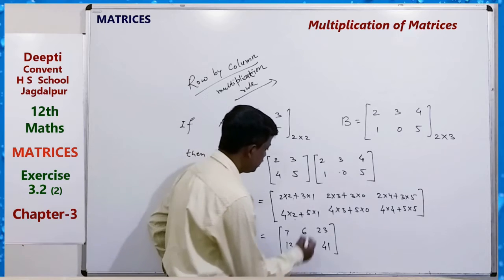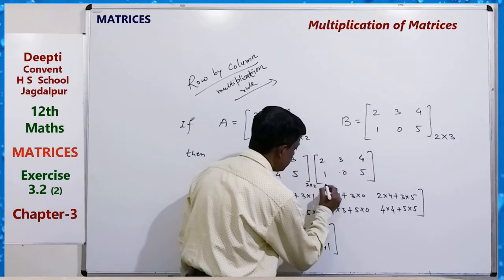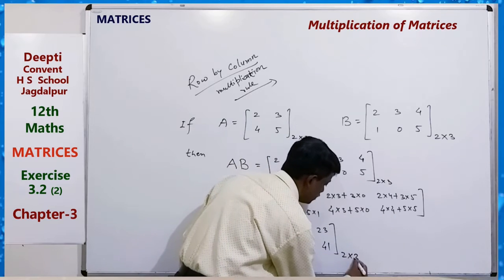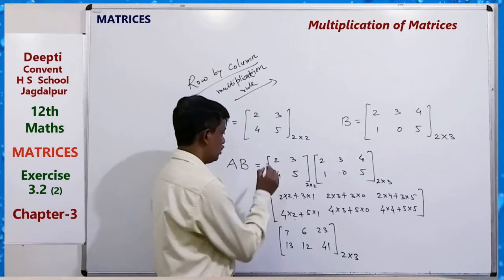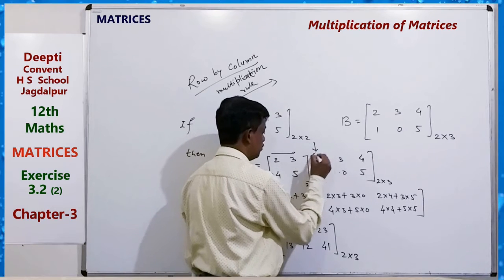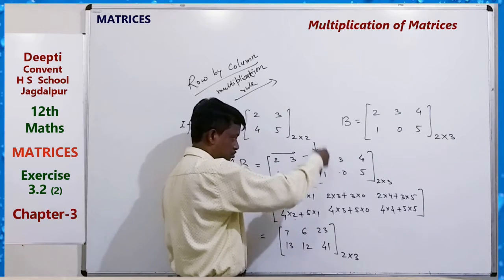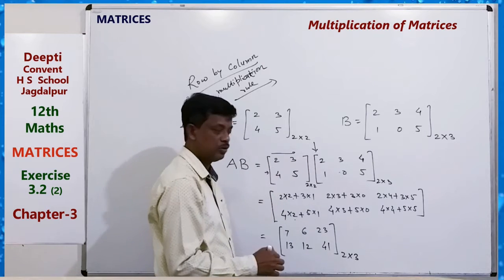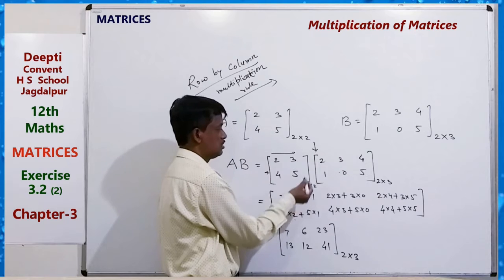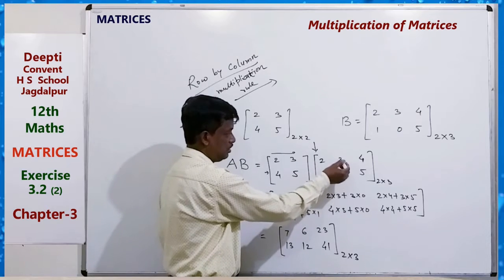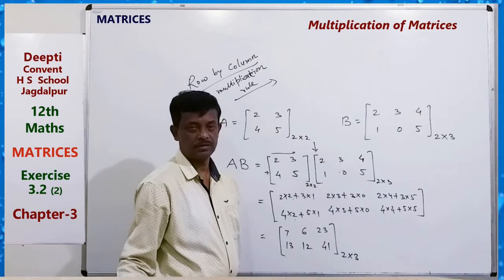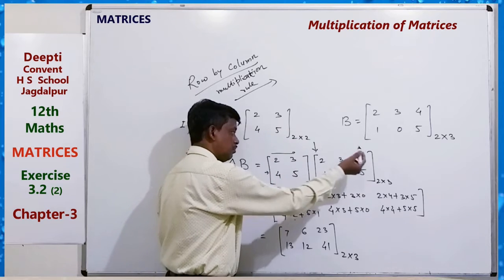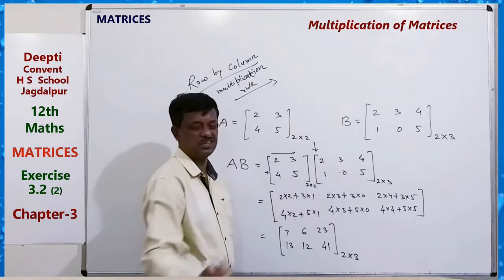So we get here 2 by 3. So what is the rule? Row by column. This row by this column, then again the same process for the next column, and again the same process for the last column.